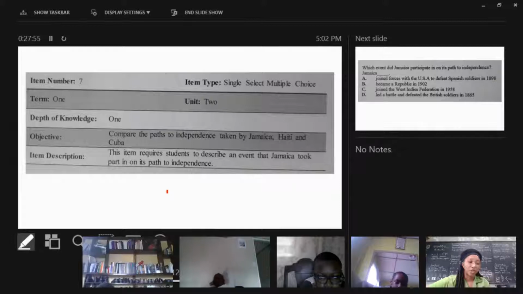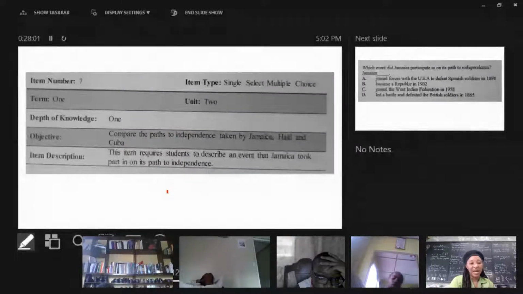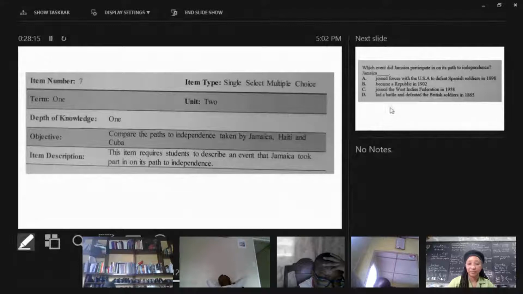So the objective for question 7 is to compare the paths to independence taken by Jamaica, Haiti, and Cuba. And the item requires students to describe an event that Jamaica took part in on its path to independence.